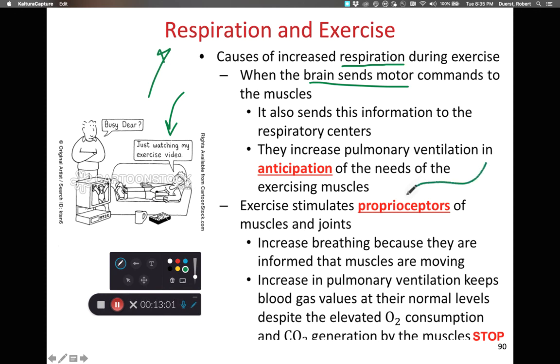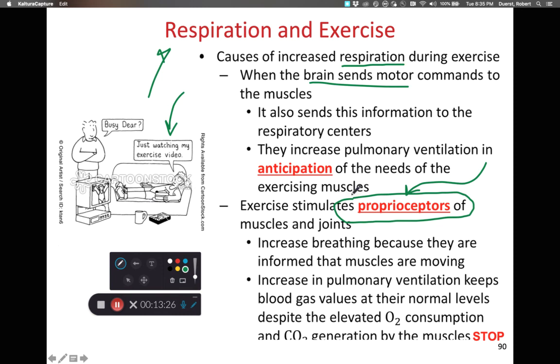Also, if we stimulate proprioceptors, so this is some cool science that was done, the laboratory experiments that were done involved just taking a patient and moving their joints and just moving their body for them. So they weren't doing it, but moving it for them activated the proprioceptors on their body and caused them to breathe in and out more, had an elevation of respiratory rhythm.